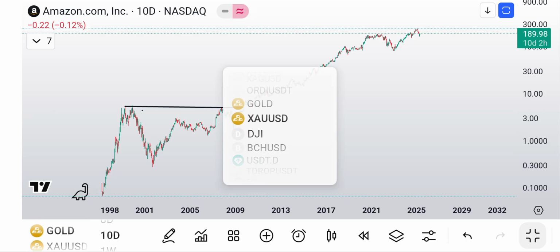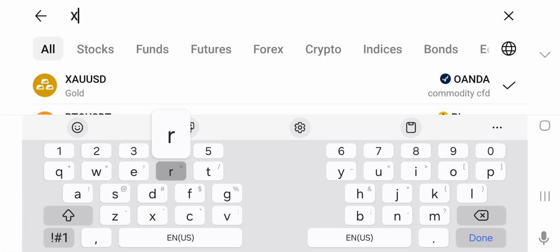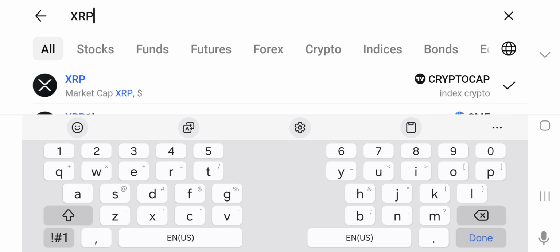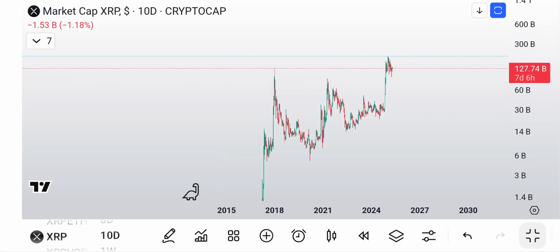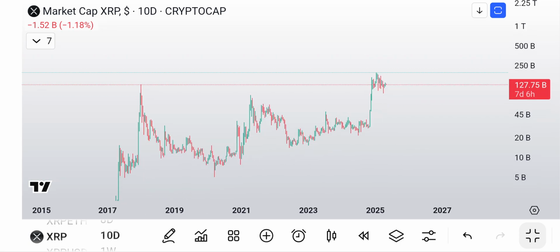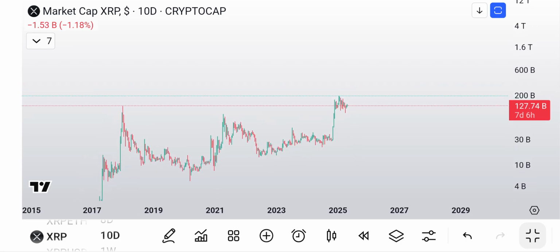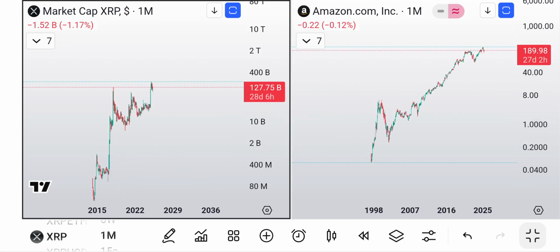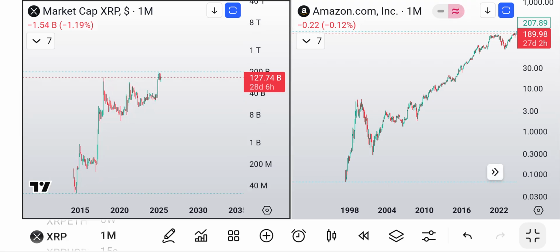So anyways, now just envision this with XRP. Let's go back to XRP, and we'll look at the market cap, why not? And if we look here, it's the same kind of concept. So here's both charts side by side. Now, look how crazy this is, guys.